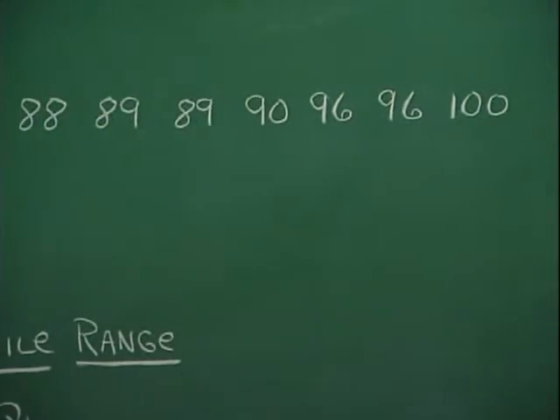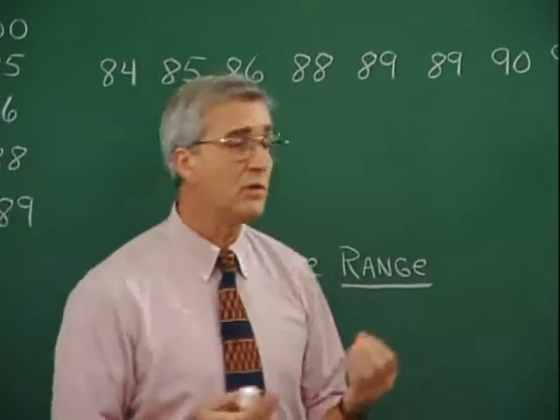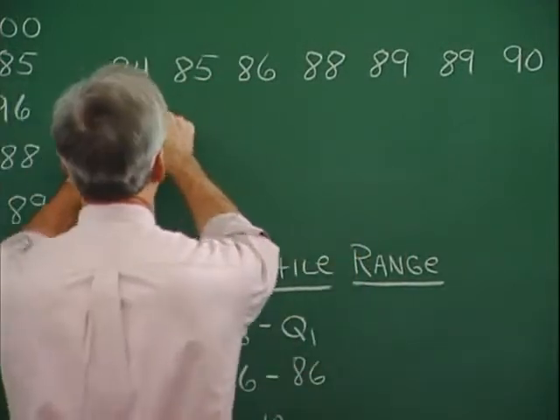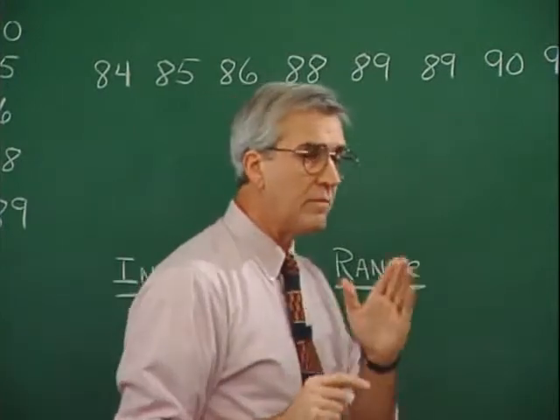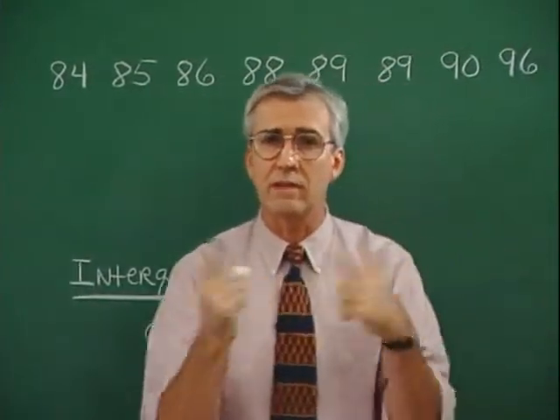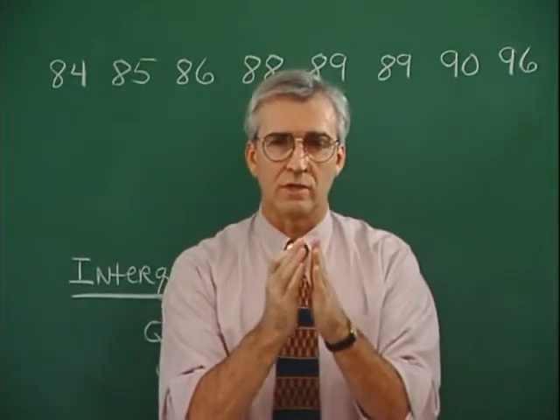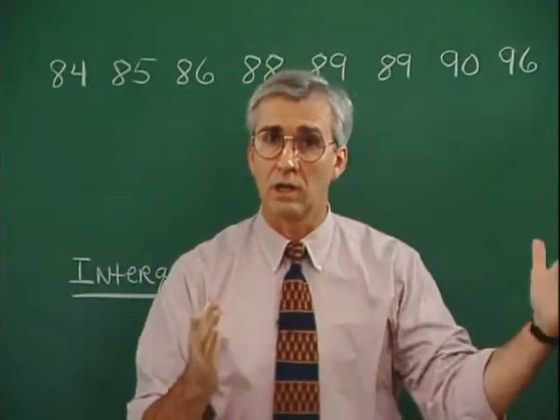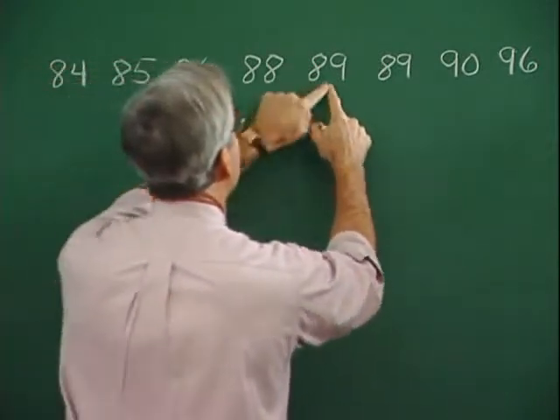All right, we first identify the median. The median would be the second quartile value. Since we have 1, 2, 3, 4, 5, 6, 7, 8, 9, 10 values, the median is between the 5th and 6th, because the median is a number that gives us as many data values above as below that number. So 1, 2, 3, 4, 5, and here's the 6th.